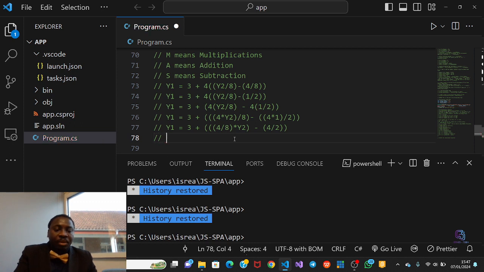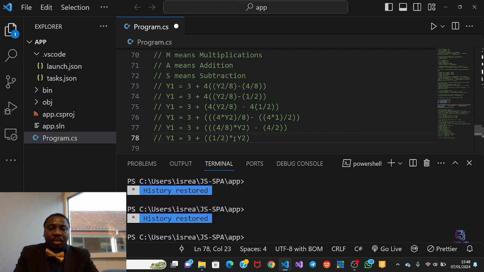Next, we can say y1 is equal to 3 plus, now 4 divided by 8 is half. So we can put into brackets, that's half times y2. So it's going to be 1 over 2 times y2.